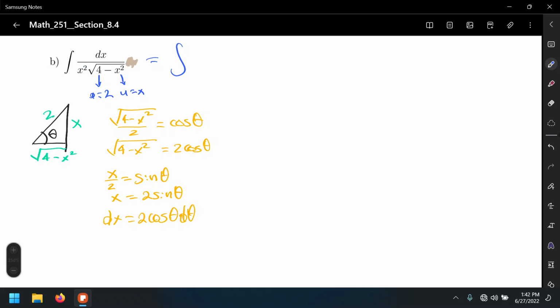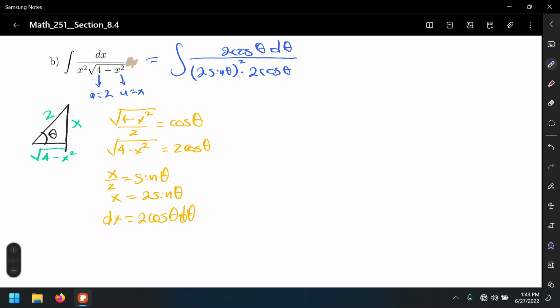So x squared, we have a substitution for x, which is 2 sine theta, quantity squared, times the radical quantity. What did we get for the radical quantity? 2 cosine theta. And in the numerator, the dx, which is 2 cosine theta d theta.